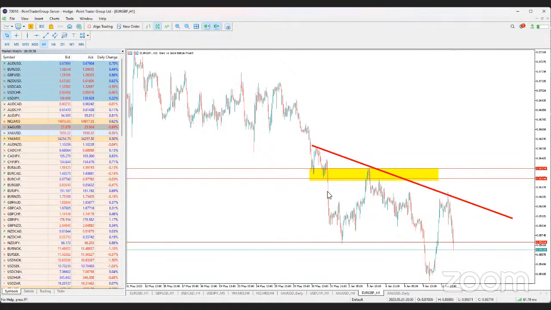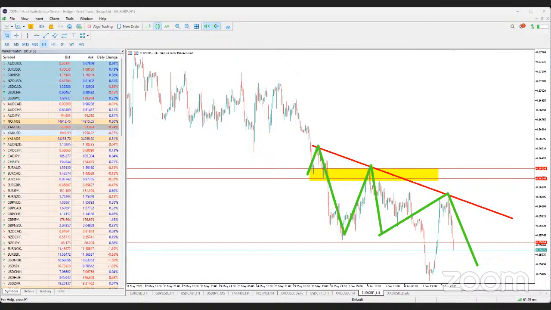Maybe this is a downtrend line, a line that connects at least two peaks. Then from the third, you can go short. This is called a downtrend line.